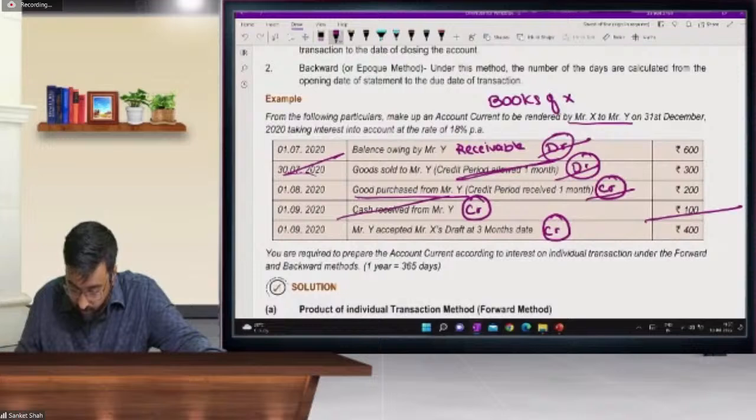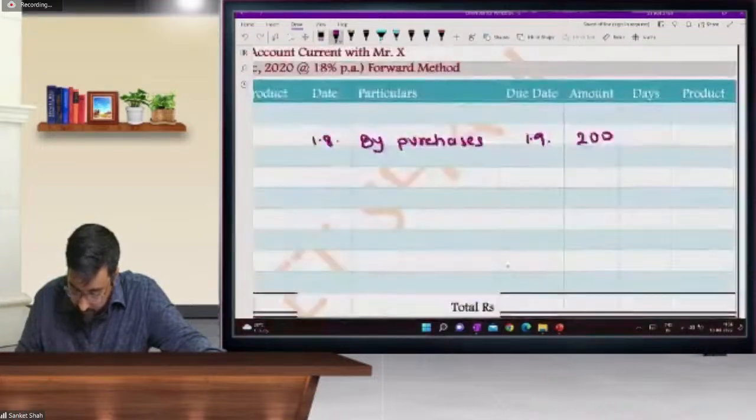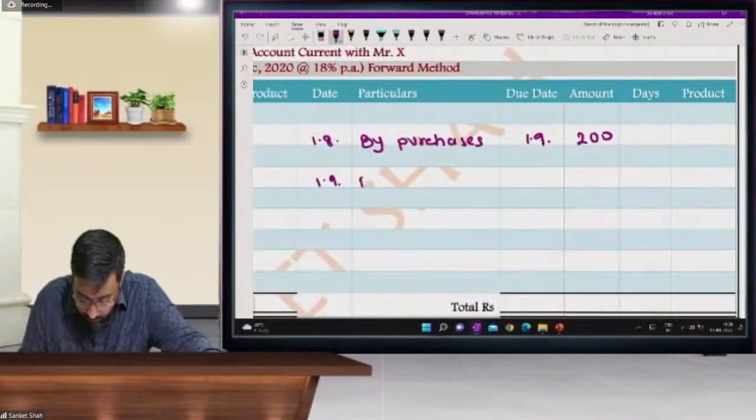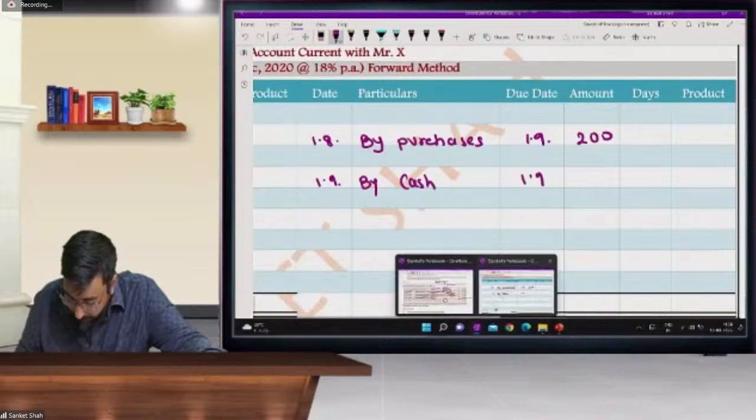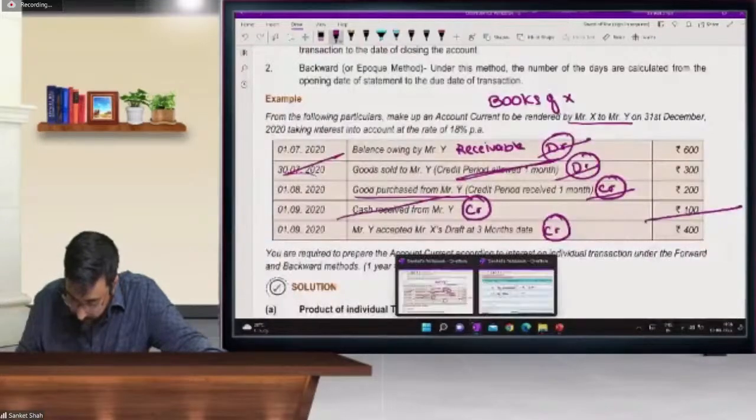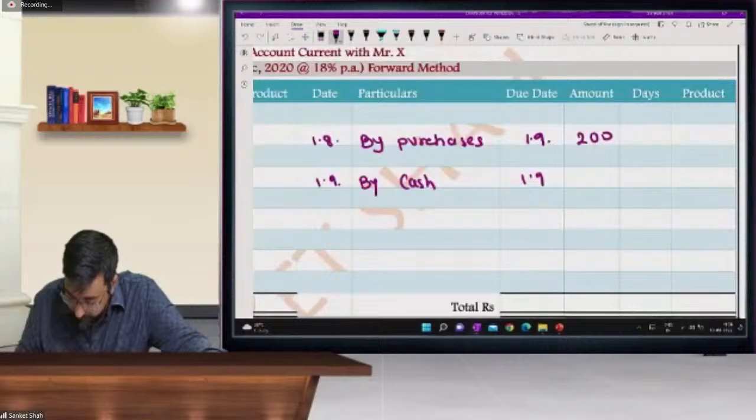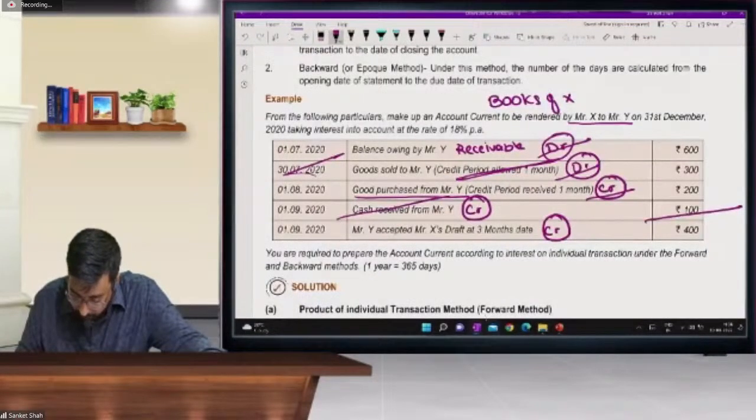Cash received, September, by cash, 1st September, 100 rupees. Y accepted bill, bills receivable.